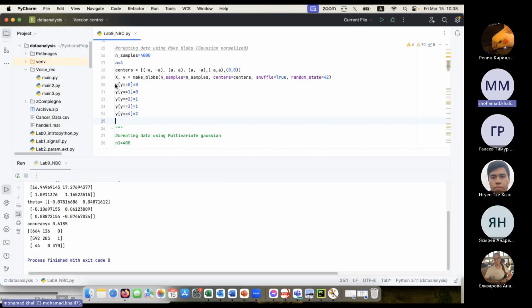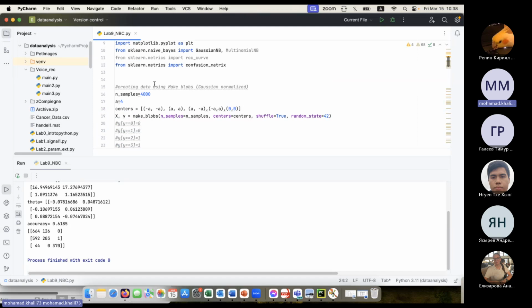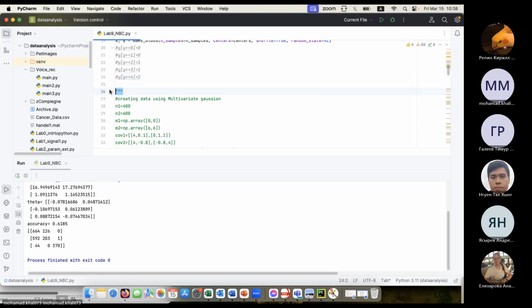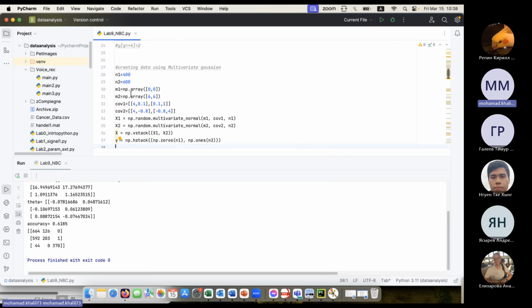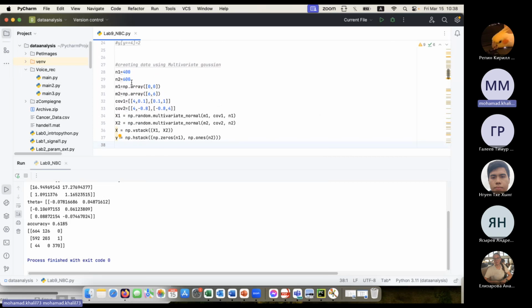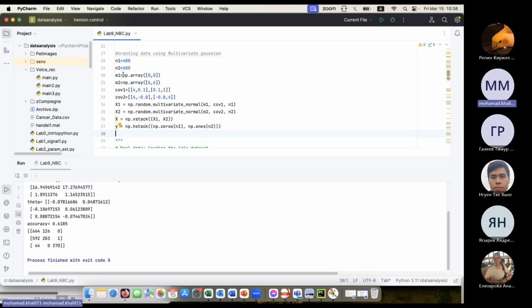So now I just wanted to tell you these things. The second thing I want to tell you, which is also very important. Look here, I wanted to create data using a multivariate Gaussian. What does this mean? I want to take n1 equal 400, n2 equal 600. For example, I want to take the mean M1 around 0, 0, and M2 around 6, 6.